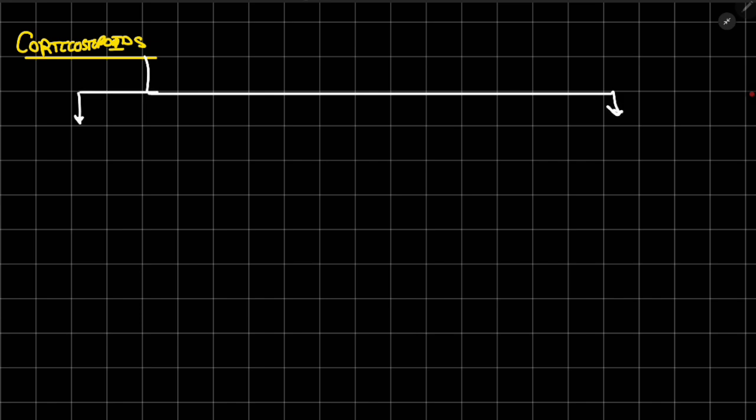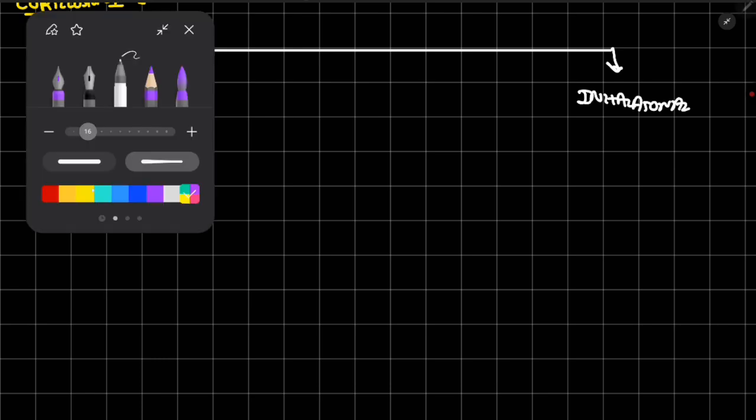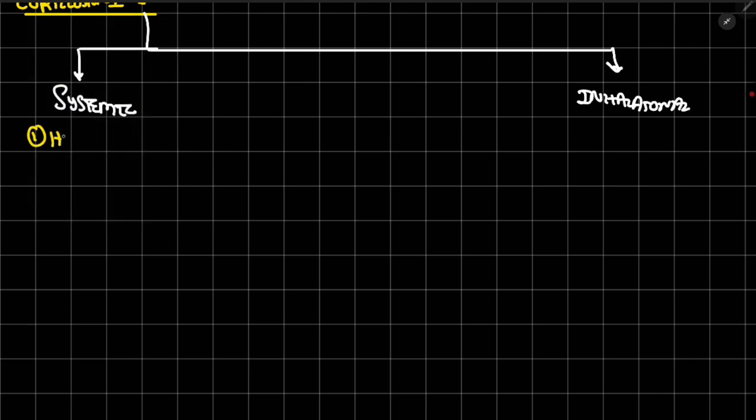So they are classified as systemic and inhalational. Now, what are the systemic corticosteroids? We have hydrocortisone injection, prednisolone tablets, and methylprednisolone tablets.